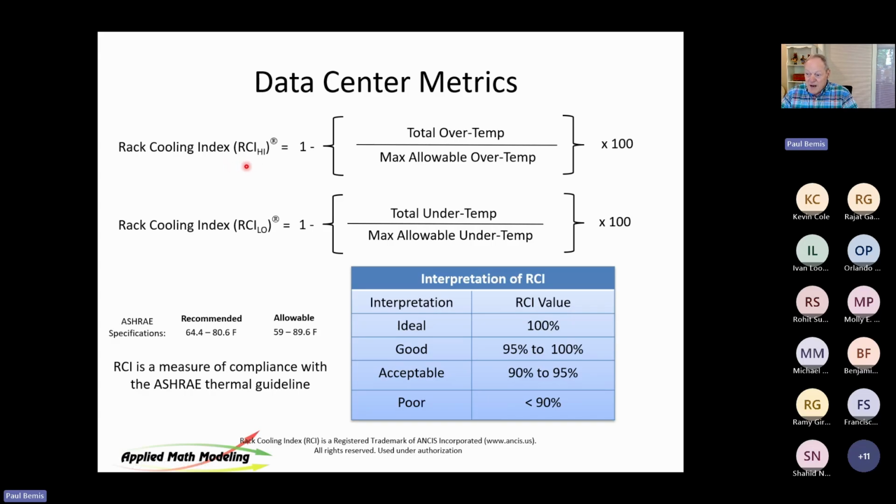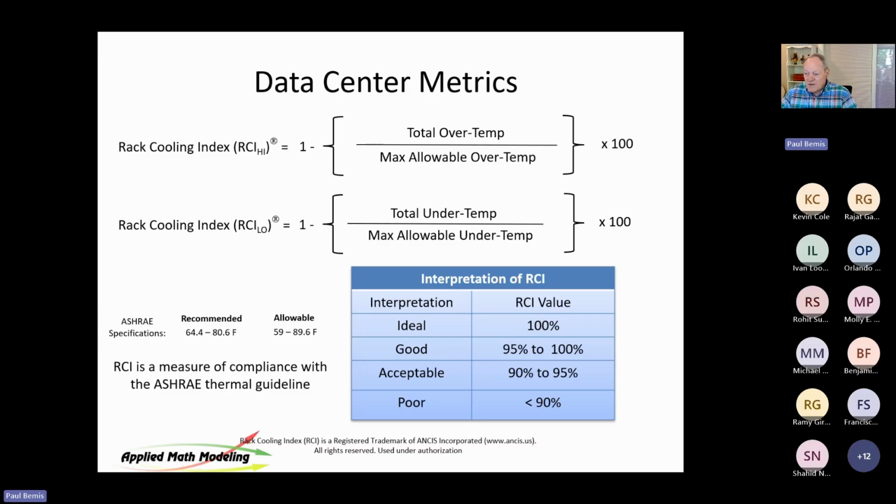RCI is rack cooling index. You don't really need to remember how we did it. It's not that important. What is important is that you try to keep it within the good to ideal range, 95 to 100%. We calculate this for you. This is something we do in CoolSim, so we give you this number.